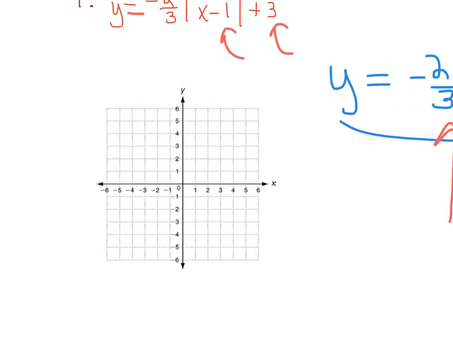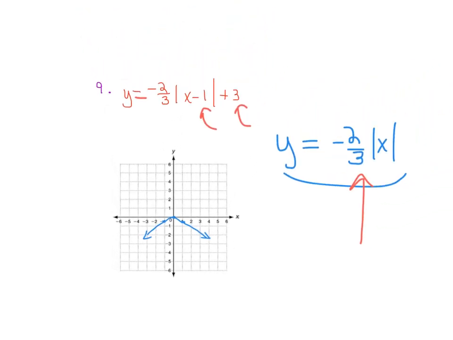So my graph will look like this. And now I will take this one and I'm going to shift it right 1 and up 3. So right 1, and then 1, 2, 3. Our new point will be there. And then again, just make this 2/3 lower. And our new graph will look like that.